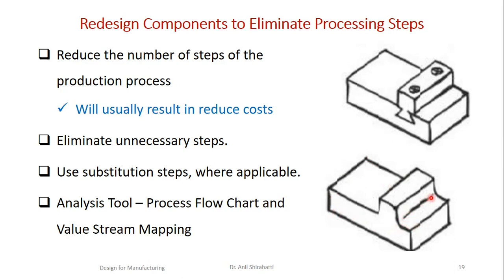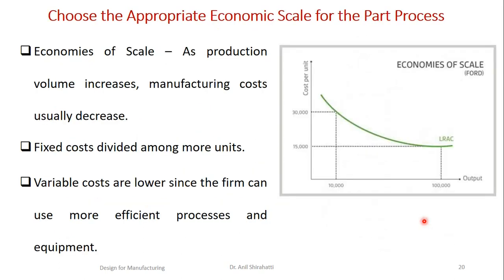It can be machined from a big part, or I can do a simple forging operation if it is in mass quantity, and then do the final machining operation. This will not only change the manufacturing process, it will also help reduce the cost heavily.